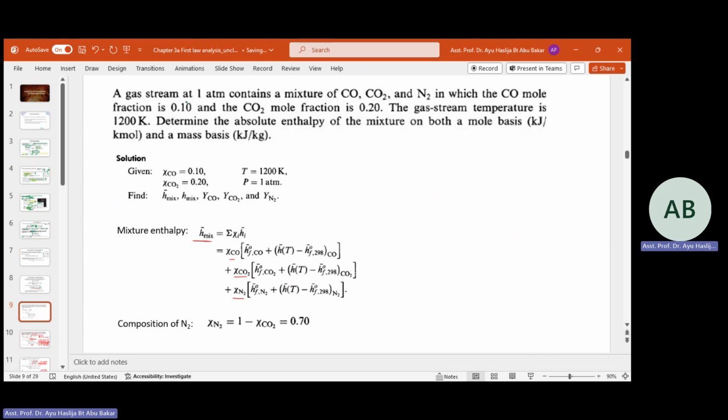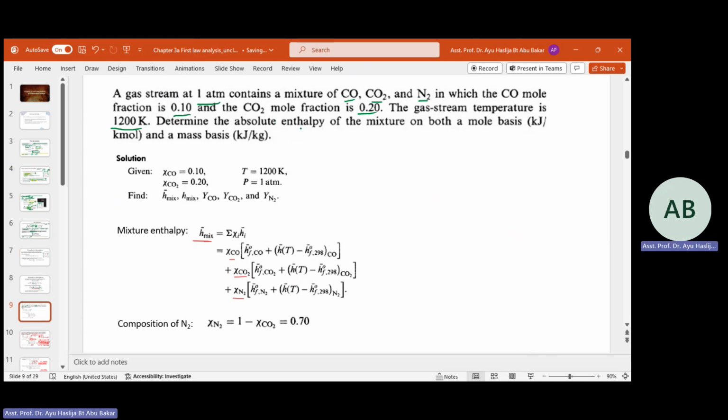A gas stream at 1 atm contains a mixture of CO, CO2, and N2, in which the CO is 0.1, CO2 is 0.2. The gas stream temperature is 1200 Kelvin.